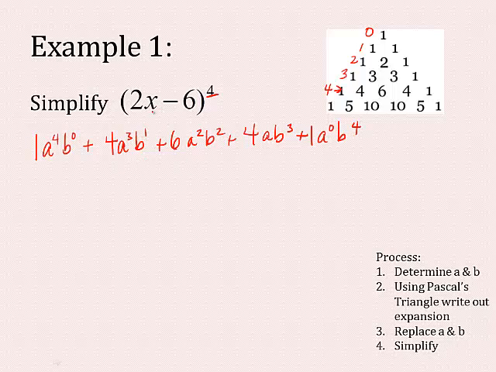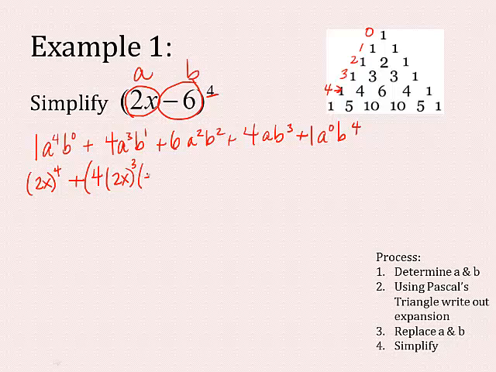Now we're going to rewrite this with a's and b's substituted in. Now 2x is the a, and negative 6 is the b. So make sure you contain the negative there. So I'm just going to rewrite. 1 times all this is still the same. So I'm going to do 2x, all of that raised to the 4th power. B to the 0 power is just a 1, so I'm going to leave it alone. 4, put some big parentheses here, times 2x to the 3rd power times negative 6 to the 1st power.